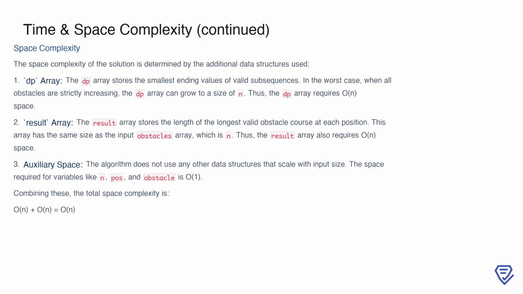Beyond these, the algorithm uses only a few auxiliary variables, such as n, pos, and obstacle, which require constant space, or O(1). When we combine these contributions, the total space complexity of the solution is O(n) for the dp array plus O(n) for the result array, resulting in an overall space complexity of O(n).